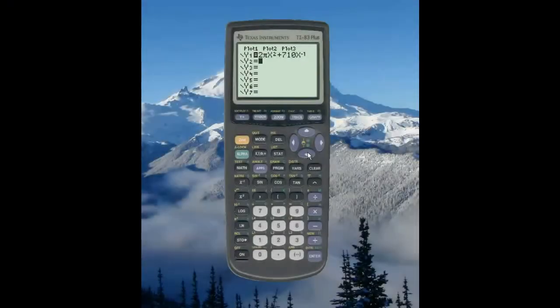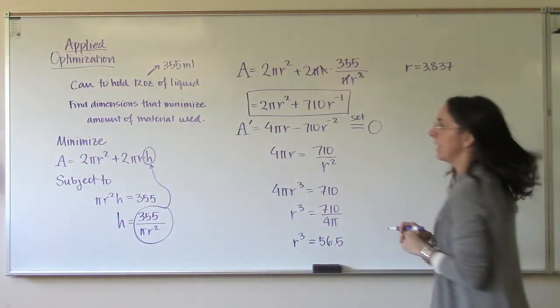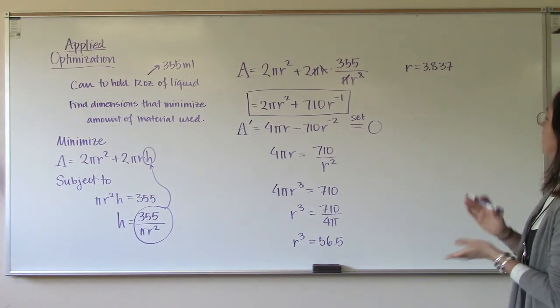Here we have the function, and the window looks like this because the thing gets pretty big, and if you graph it, there you see it, and our value's right about here, and it does appear indeed to be a minimum. Okay, so that's what R has to be.